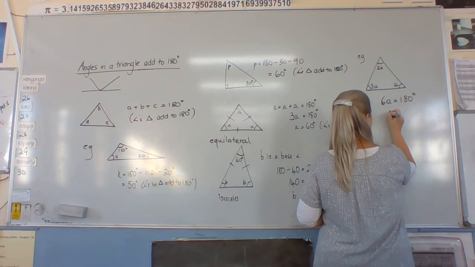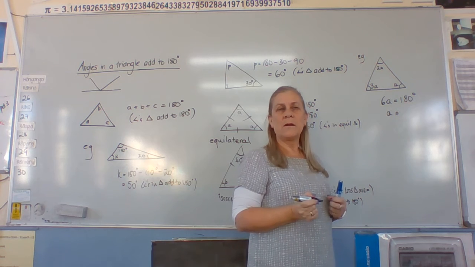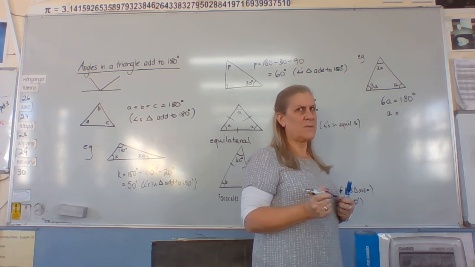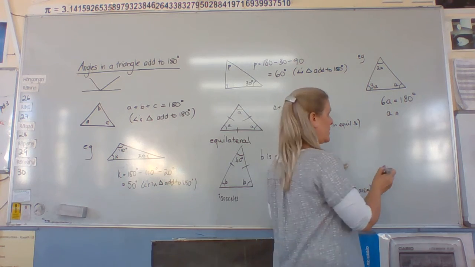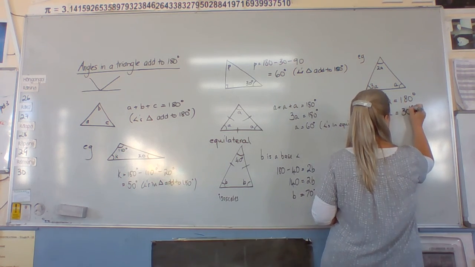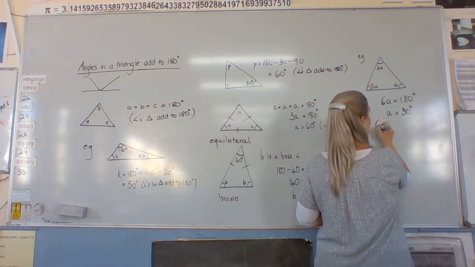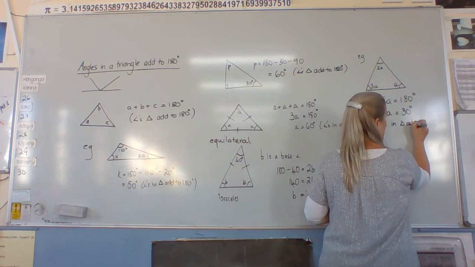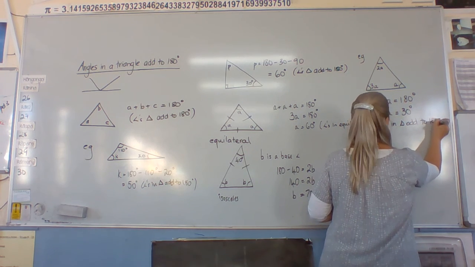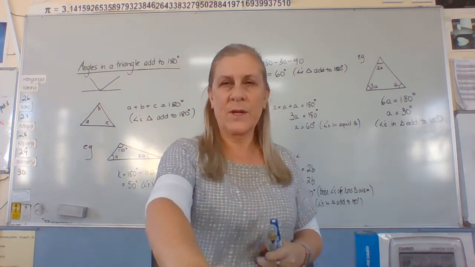What is 1A? What times 6 is 180? 30 degrees. All right, so this one has the rule over there. The angles in a triangle add to 180. Always a rule so that we get our extra marks. Okay, we're going to practice that today.